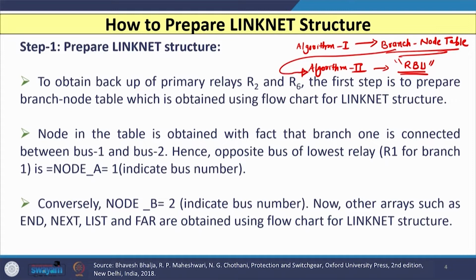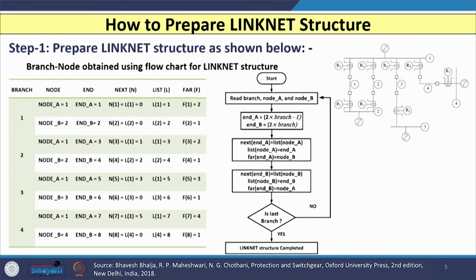So, let us see how, using algorithm 1, we can prepare the branch node table. For that we have to use 3 different things simultaneously. You can see this is our system which I have shown here. As I told you earlier, you have to input the node data or bus data, whereas the relay data is given by the linked net structure.